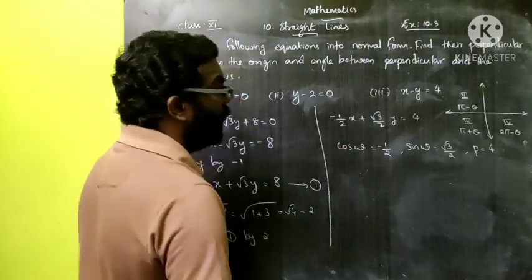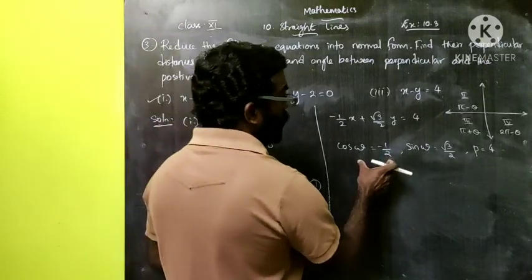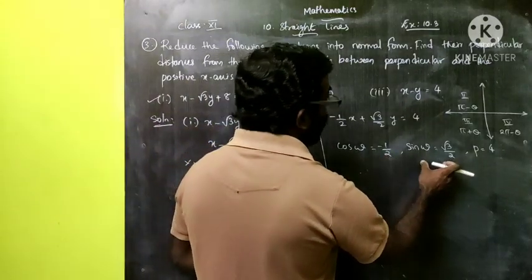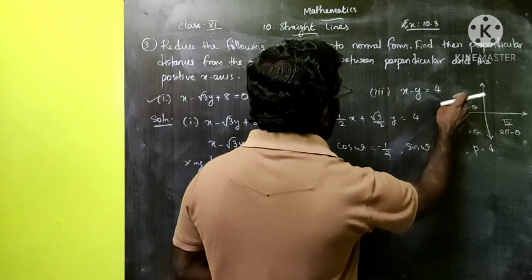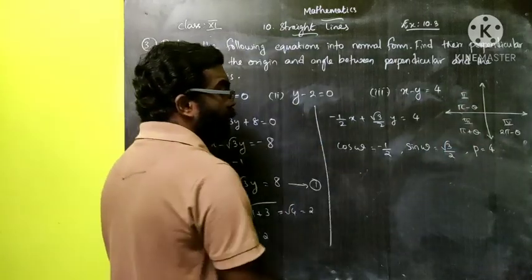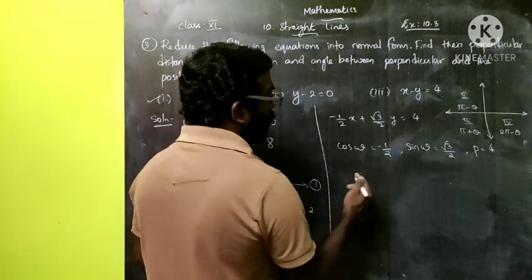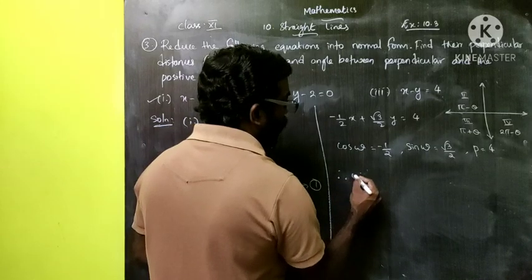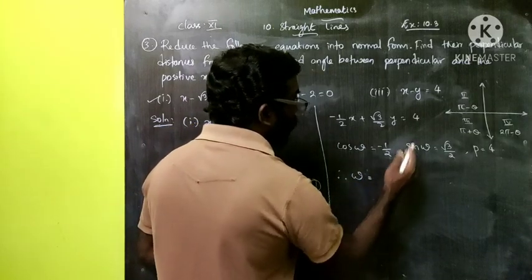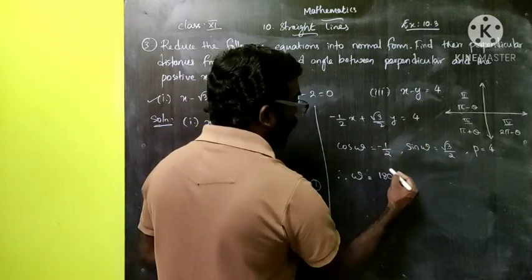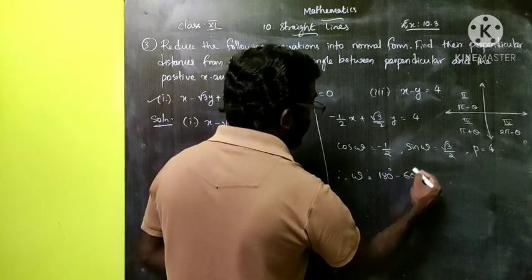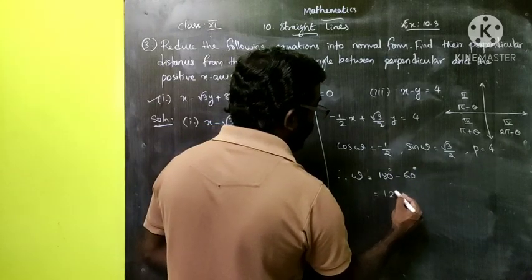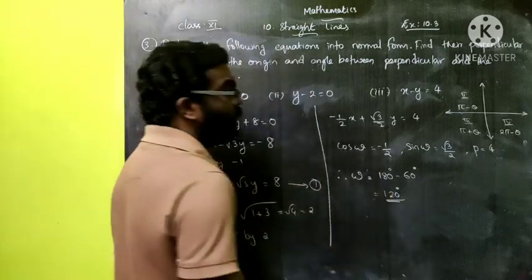So here cos theta is negative and sin theta is positive. Clearly we can say it will lie in the second quadrant. And here the angle is 60 degrees. So what we can write is, therefore omega is equal to pi minus theta. Pi means 180. So 180 degree minus 60 degree, and that will be equal to 120 degree.